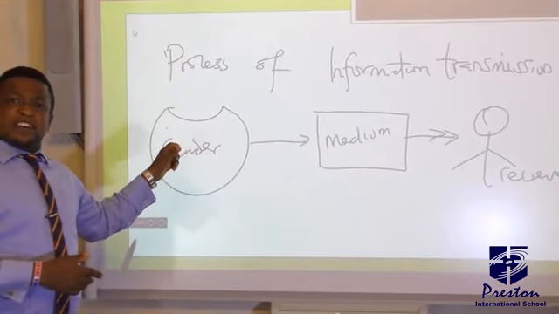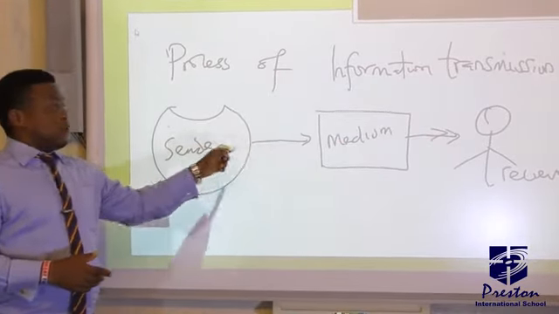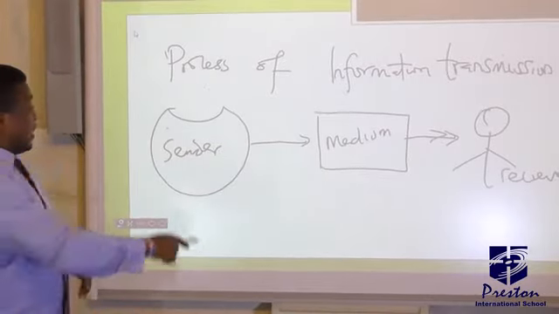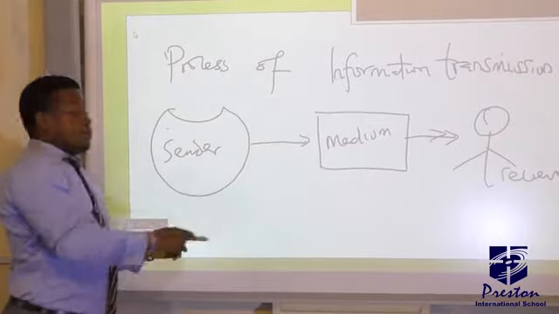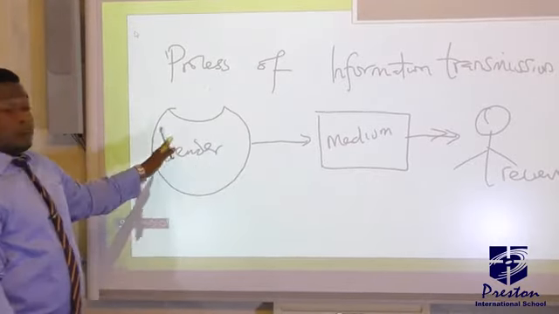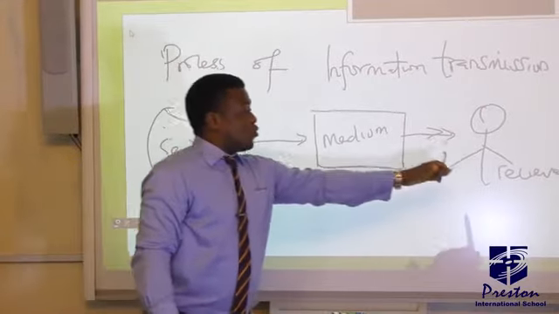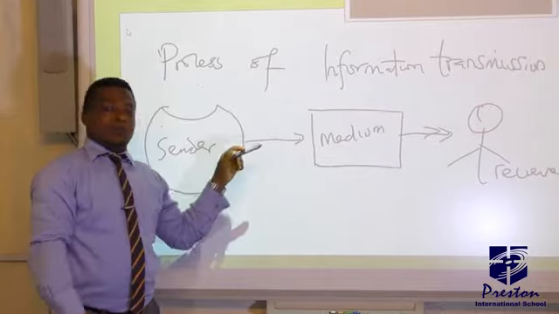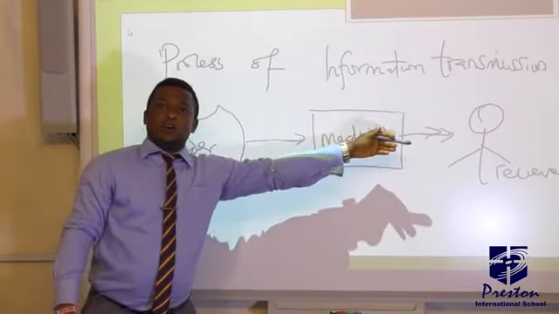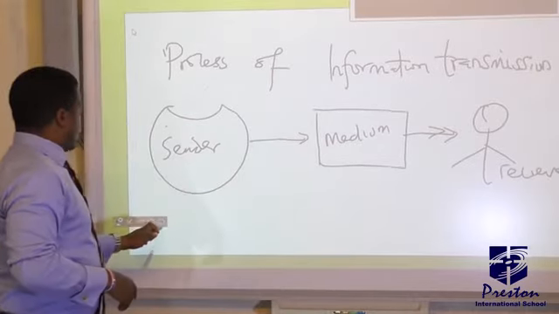The question stated, diagrammatically explain the process involved in information transmission, as I've explained on the board. Of course, you can decide to use different caricature for your own, but these are the important things. You have to show us the sender, you have to show us the medium, and you have also to show us the receiver, while indicating the flow with your arrow. The flow, the movement of the information. Note that, and make sure you put that in your notes.